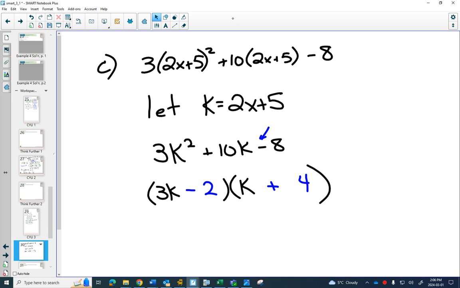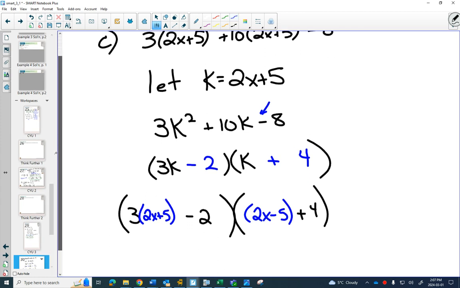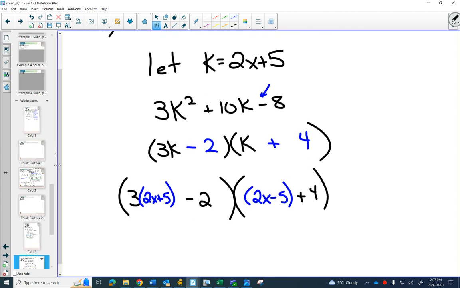So now, we factored it with k, we can now substitute back. So we have 3, but instead of k, I'm going to write 2x plus 5. And then it's still minus 2. And then instead of this k, I substitute in 2x plus 5, and we still have the plus 4.